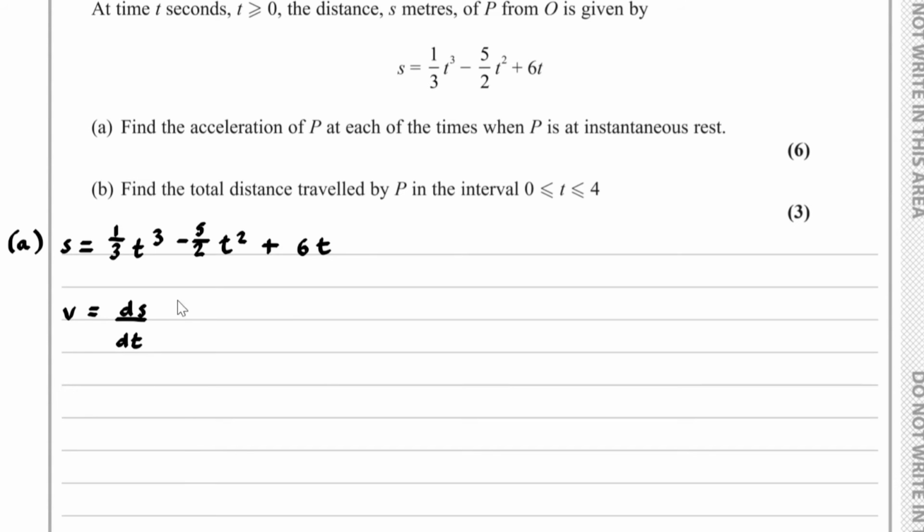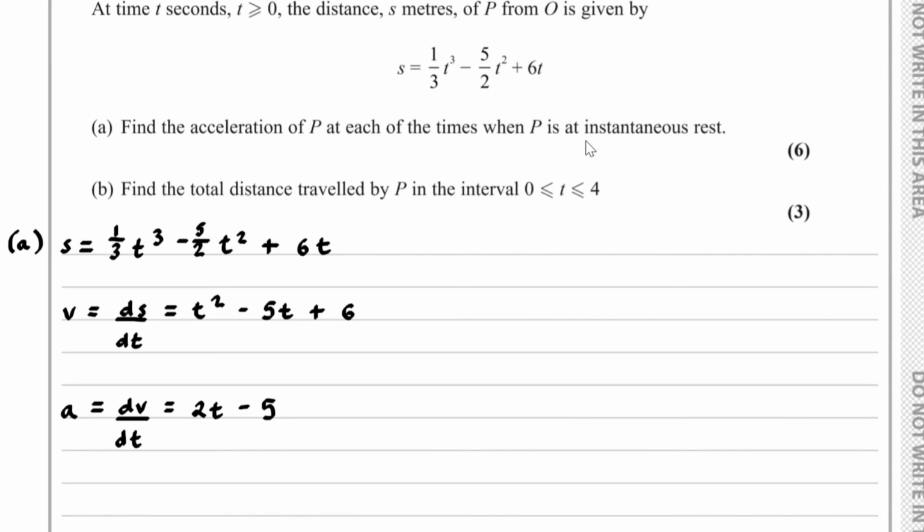So if I differentiate s with respect to time, we end up with t squared minus 5t plus 6. a is equal to dv over dt, so that's 2t minus 5.